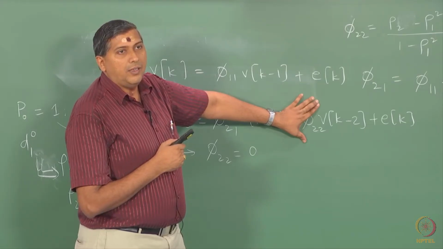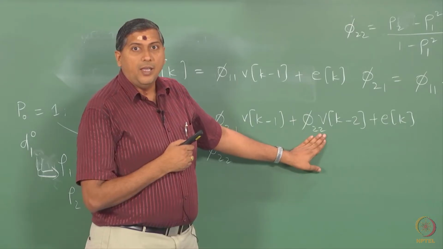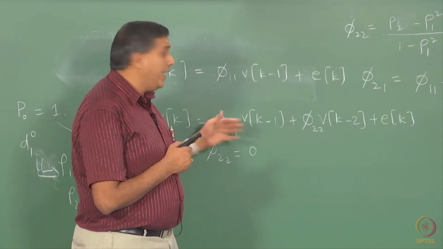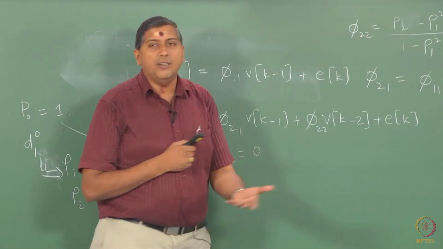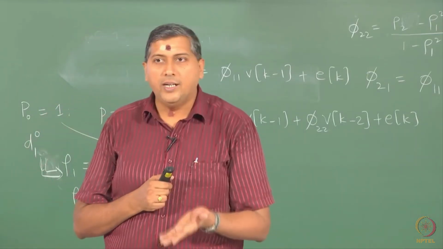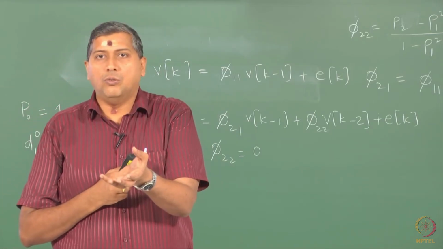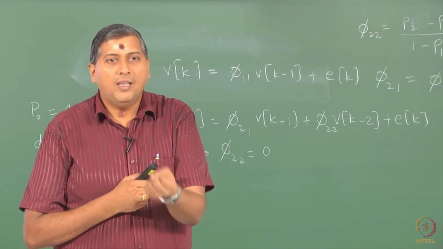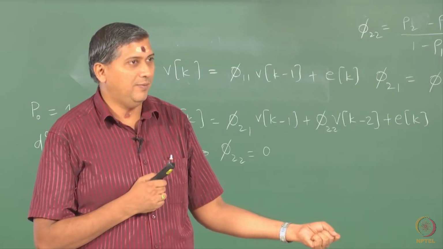It is measuring the linear influence of Vk minus 2 on Vk in presence of Vk minus 1. And that is what PACF is also trying to do. I am just giving you a very strong qualitative argument here that this phi 2 2 that you are looking at in an AR2 model is actually measuring the linear influence of Vk minus 2 in presence of Vk minus 1.